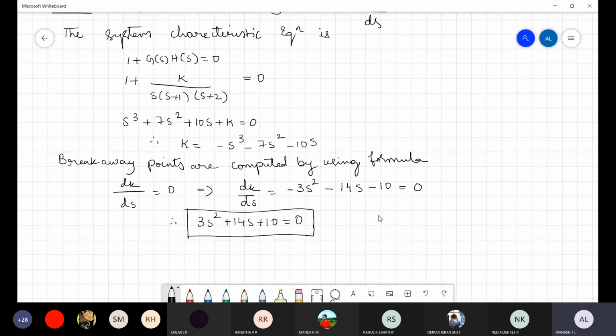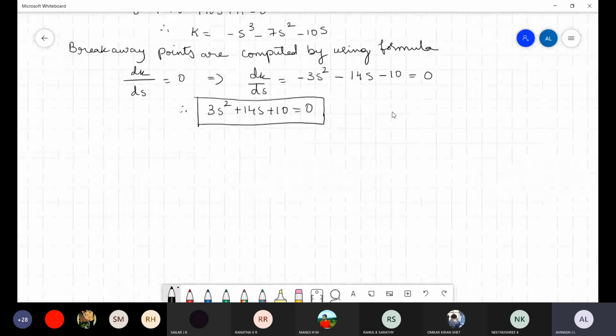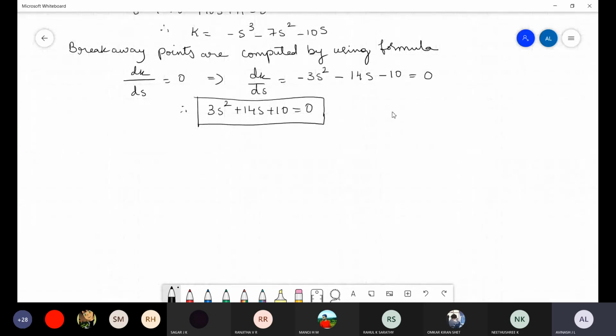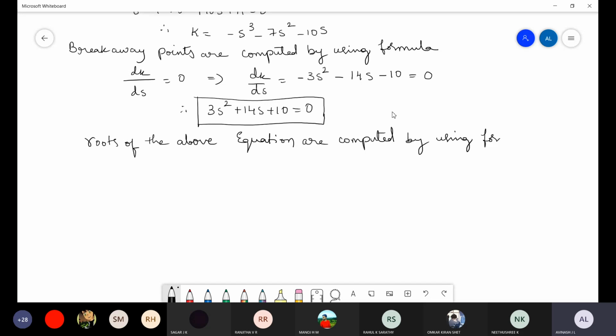Okay. So once we get this particular equation, it is a quadratic equation, and the roots of the equation we will find out. So the roots of the above equation are computed by using the formula.